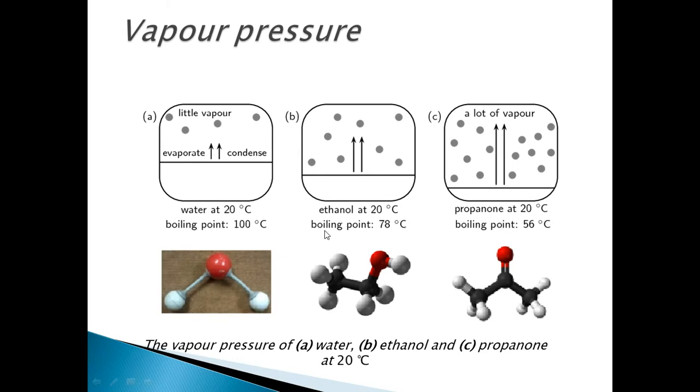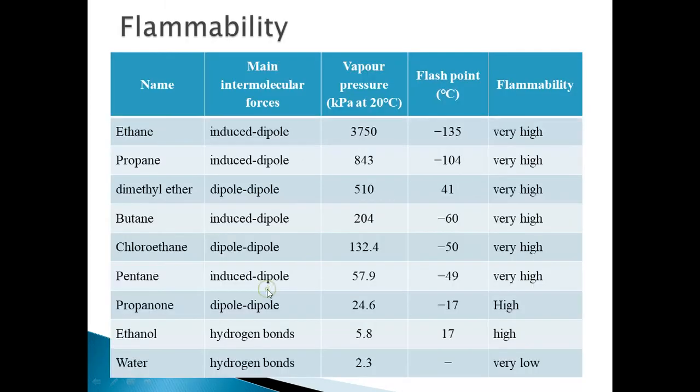You can also compare the boiling points of the three substances. While propanone boils at 56 degrees, ethanol boils at 78, and water boils at 100. Also, this table shows the different vapor pressure, flash point, and flammability of different substances from ethane to water.